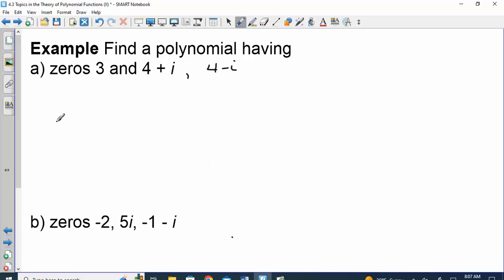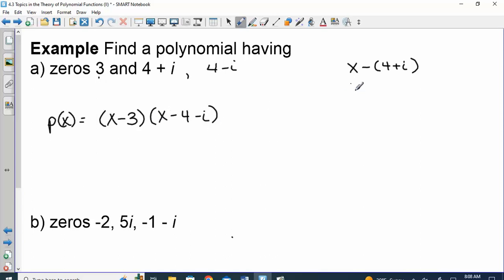All right, so my polynomial, I'm just going to call it P of x. To get your factor, you do x minus your zero, right? So if 3 is a zero, then we would have x minus 3. If 4 plus i is a zero, so you have to do x minus the quantity 4 plus i. So what does that turn into? If 4 minus i is a zero.